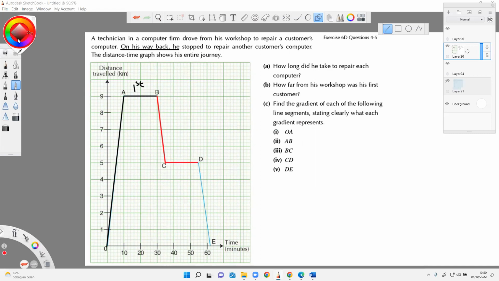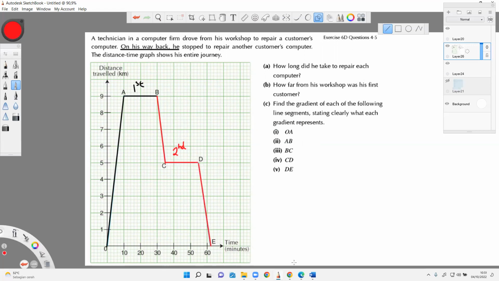So I think the technician is quite good. When he goes back home, he also finds the other customer, all in one trip. And then after that, he goes back to his workshop. Okay, guys, get the idea?